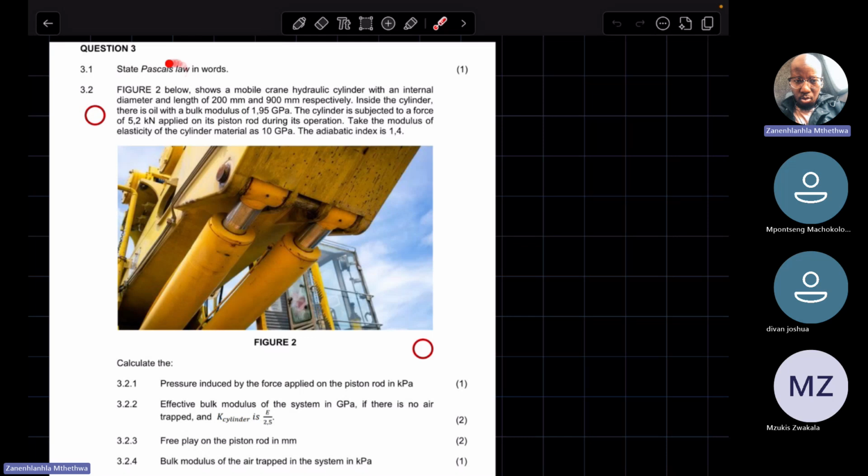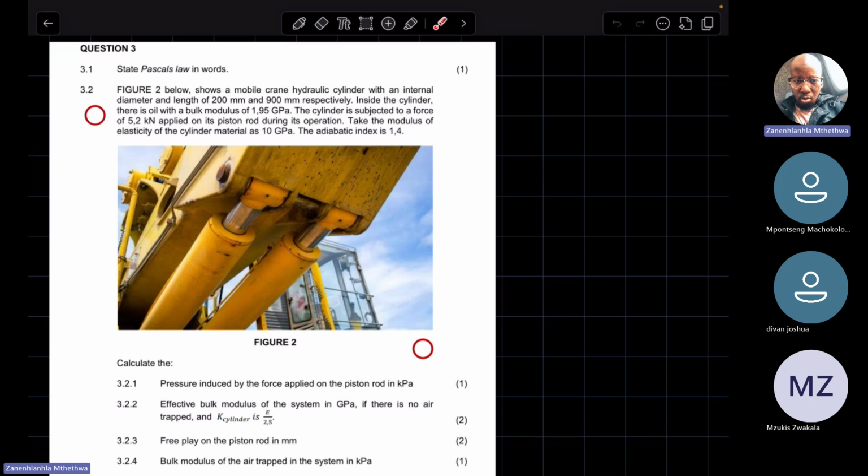Any and all hydraulic systems operate under two principles. They operate either under Pascal's law or Bernoulli's principle. The ones that operate under Pascal's law are closed systems.